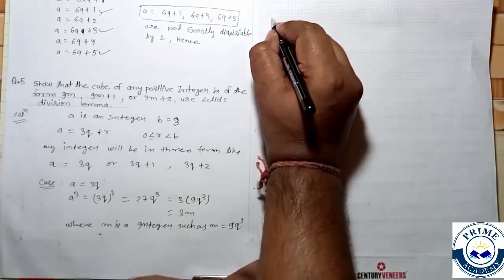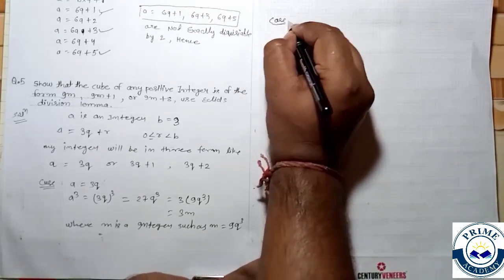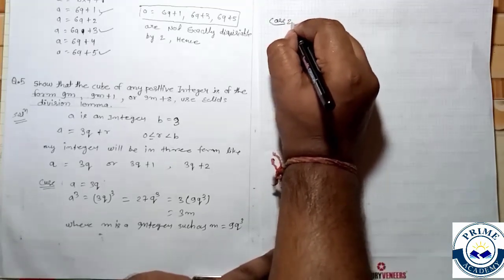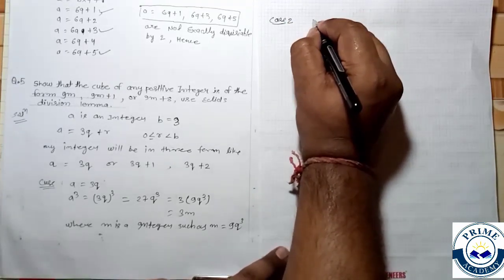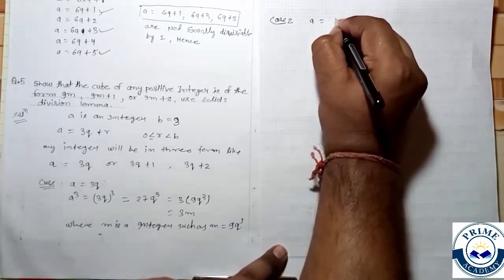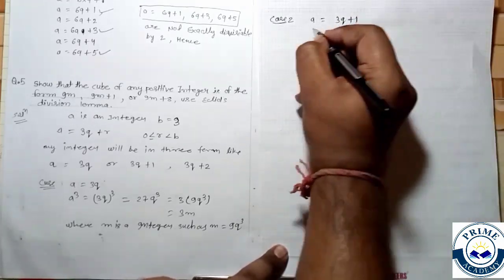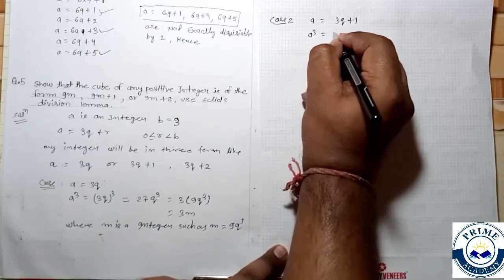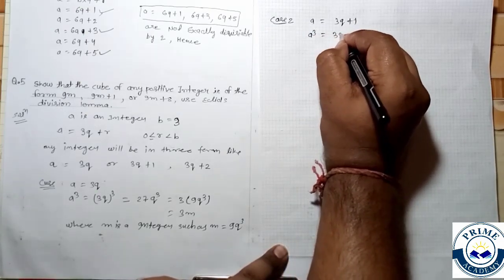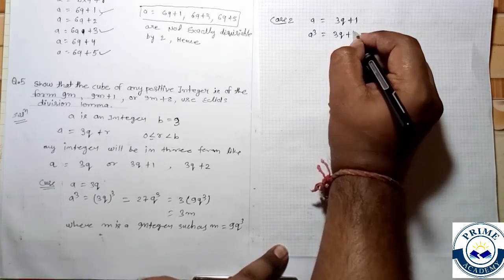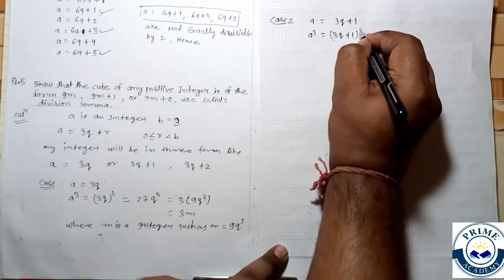Similarly, I'm writing case number 2. Here I can write a equals 3q plus 1. Cube both sides, you will get a cube, that is (3q plus 1) the power cube, right?